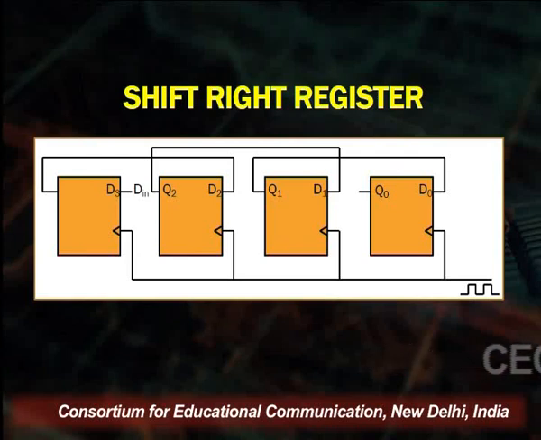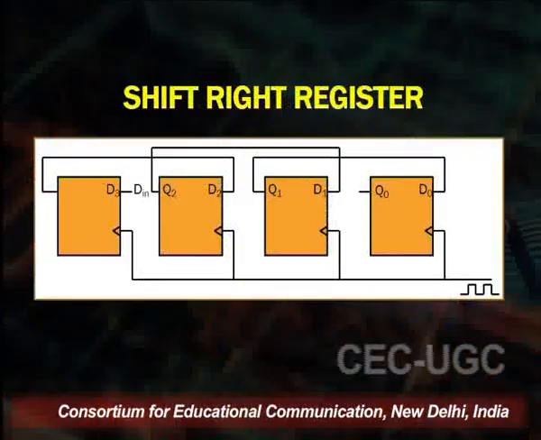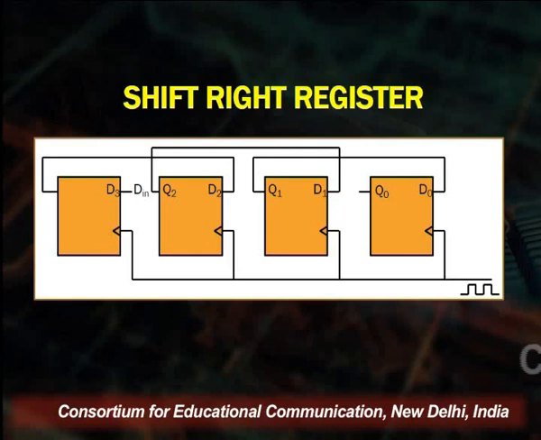If Dn does not change its value from 1 to 0 and remains 1, then at the second clock pulse we will have Q3, Q2, Q1, Q0 as 1, 1, 0, 0. The third clock pulse will give 1, 1, 1, 0. Finally, at the fourth clock pulse, we would have Q3, Q2, Q1, Q0 equal to 1, 1, 1, 1.